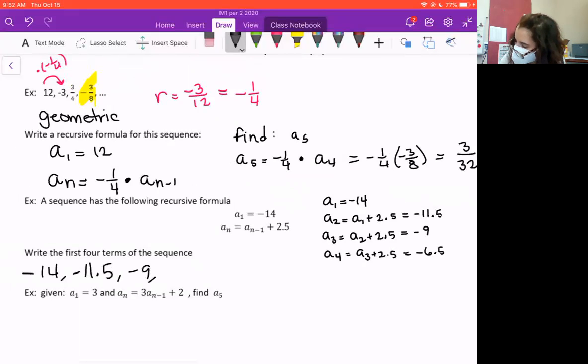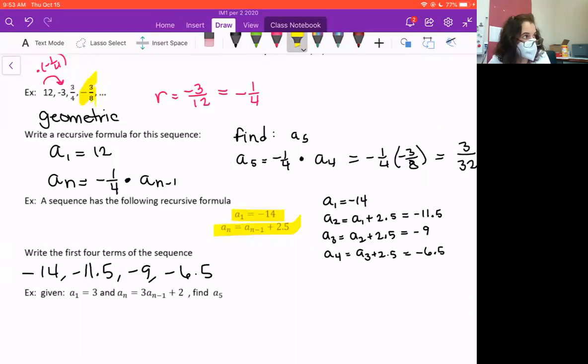Now, you probably could have done this by just looking at this and realizing, okay, I have to start at negative 14. This is arithmetic. What do I do after I start with negative 14? I just keep adding 2.5. So you don't have to write all this down. I start at negative 14. What do I do next? I add 2.5.